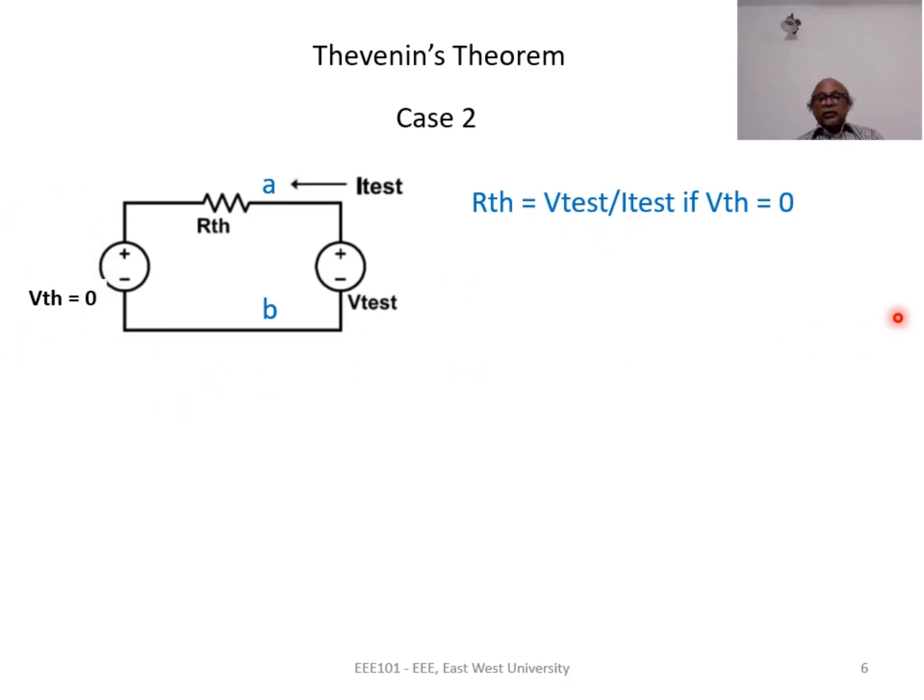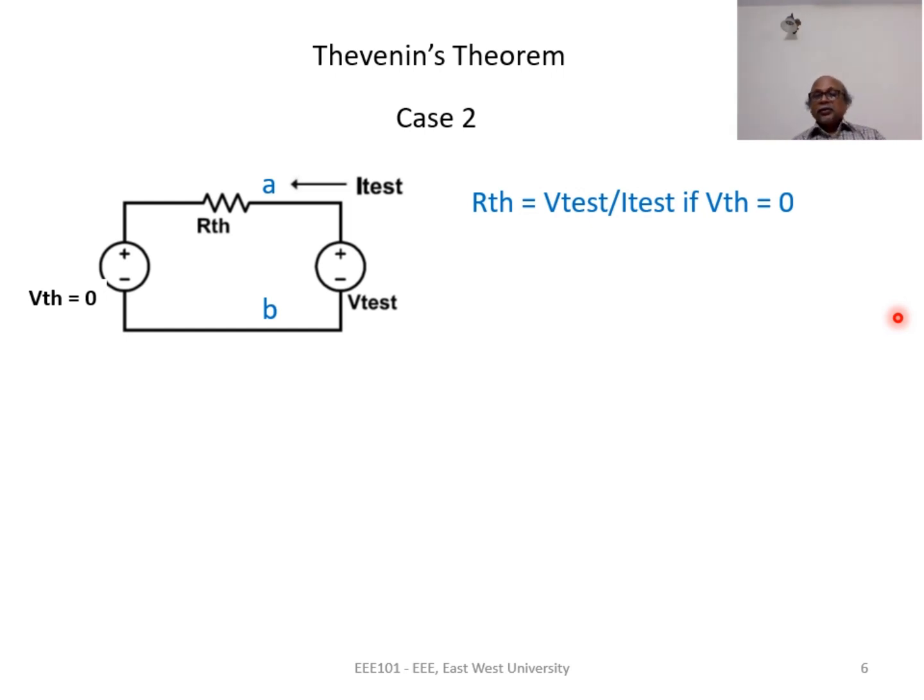But the question is, how do I make VTH equal to 0? Remember that VTH is equal to VOC, the open circuit voltage. The open circuit voltage between node A and B is due to the contributions of all independent sources within the two-terminal circuit. If we deactivate all the independent sources within the two-terminal circuit, there will be no cause, so VOC will be equal to 0.